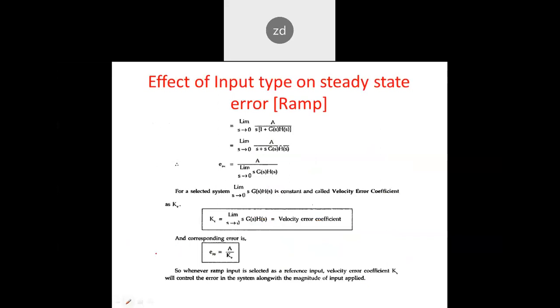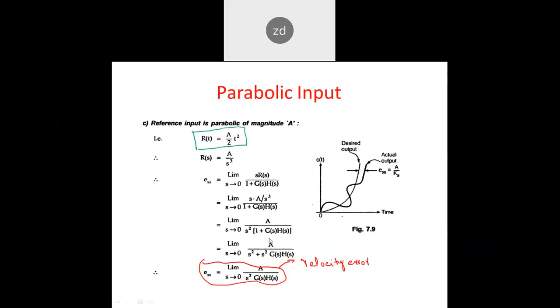Similarly, if you want to go for the parabolic error coefficient, here you have to apply the term A by S cube for R of S, and your original signal was S. That is divided by 1 plus G of S H of S. So now again you are left with this.